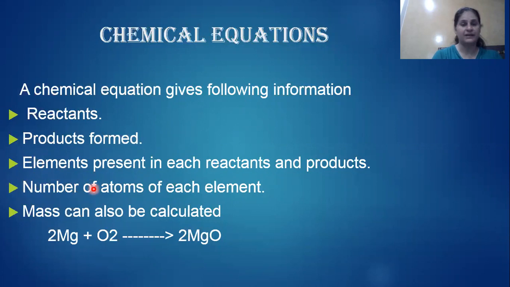When you write the balanced chemical equation, you come to know the number of atoms of each element that are present in a chemical reaction. And of course, you can also calculate the mass of the substances that are present in that particular reaction. And how to calculate the molecular mass or the formula mass, you've already done it in class 9. Now, these are the basic information that you get when you write a chemical equation.